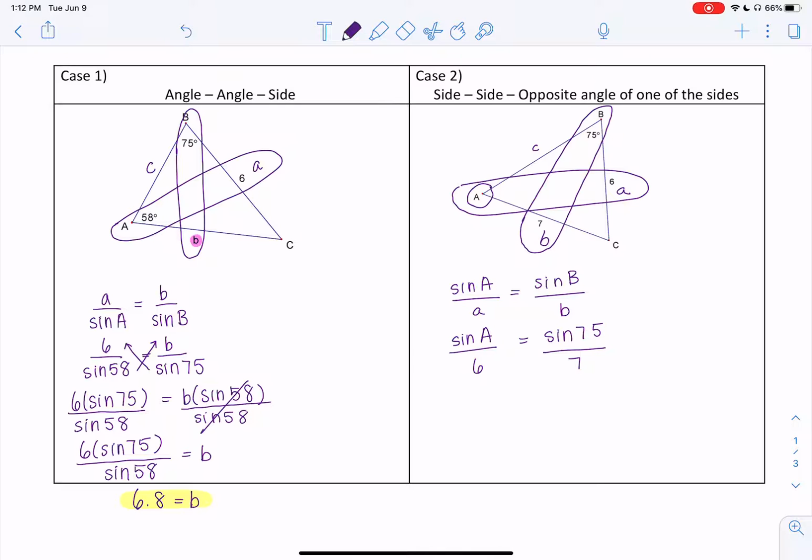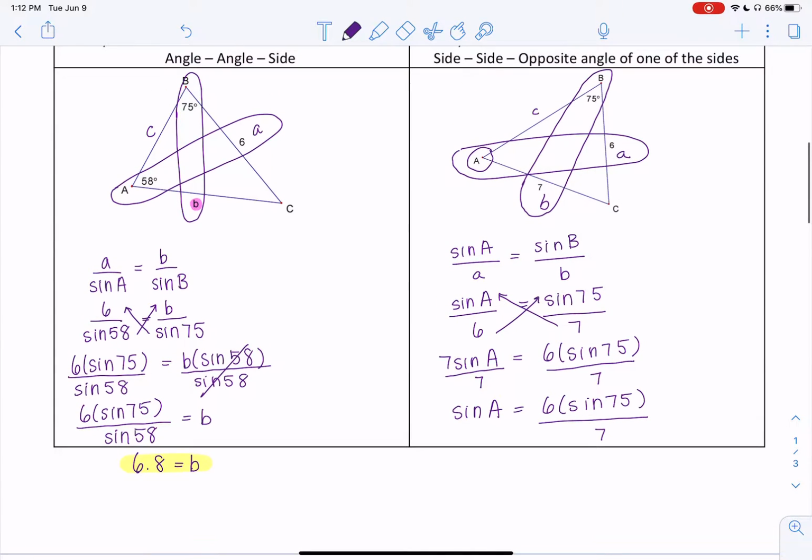So now we have a fraction equaling a fraction, so I can just cross multiply. So I'll have 7 sine A is equal to 6 multiplied by sine 75. And now to get sine A all by itself, I need to divide out the 7. So we'll have sine A is equal to 6 times sine 75 all over 7.